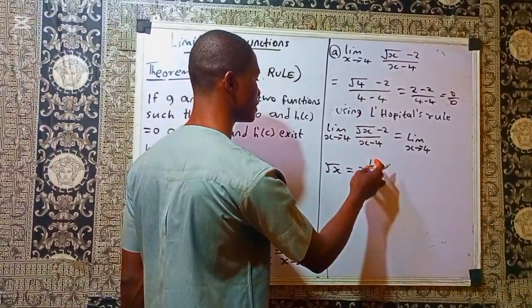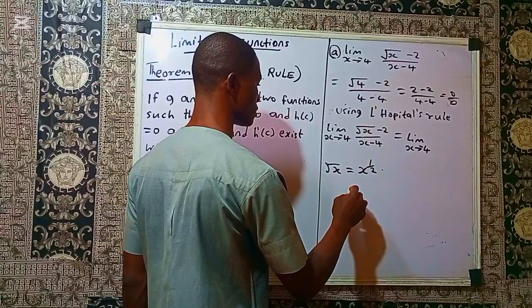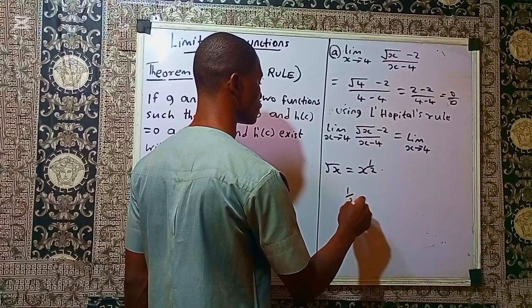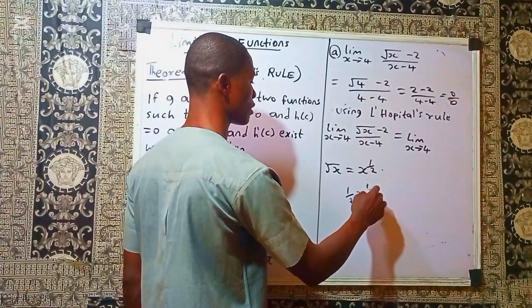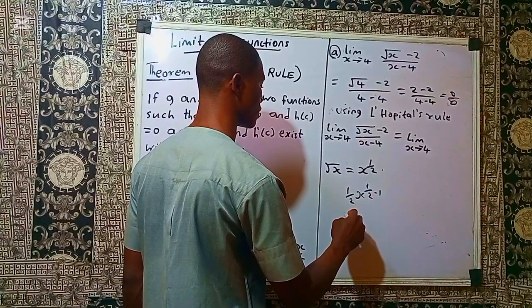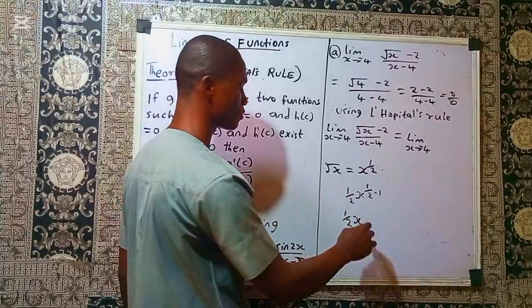Then if you want to differentiate it, you bring the power. What is the power here? The power is 1 over 2. Then you write x and remove 1 from the power, 1 over 2 minus 1. That will be 1 over 2 x raised to power half minus 1, which will give you what?